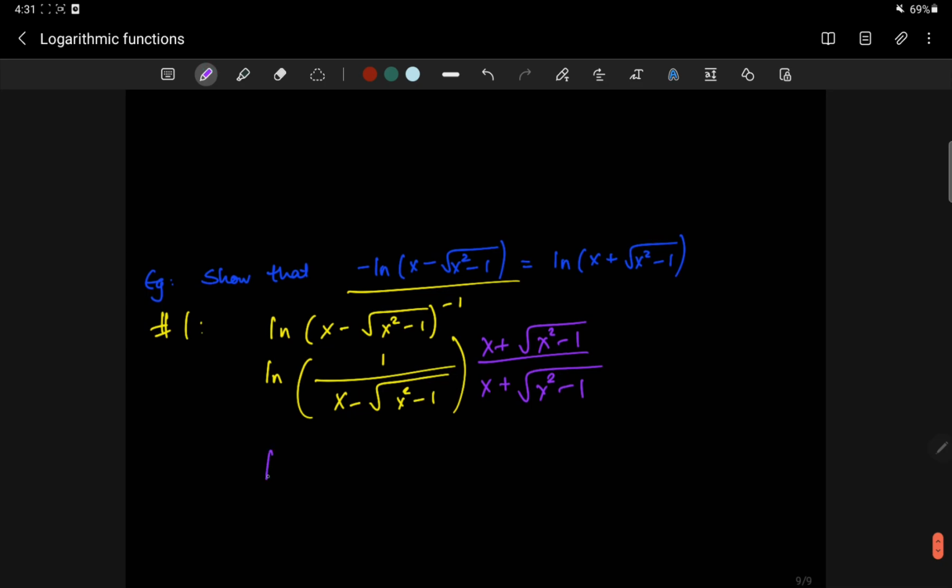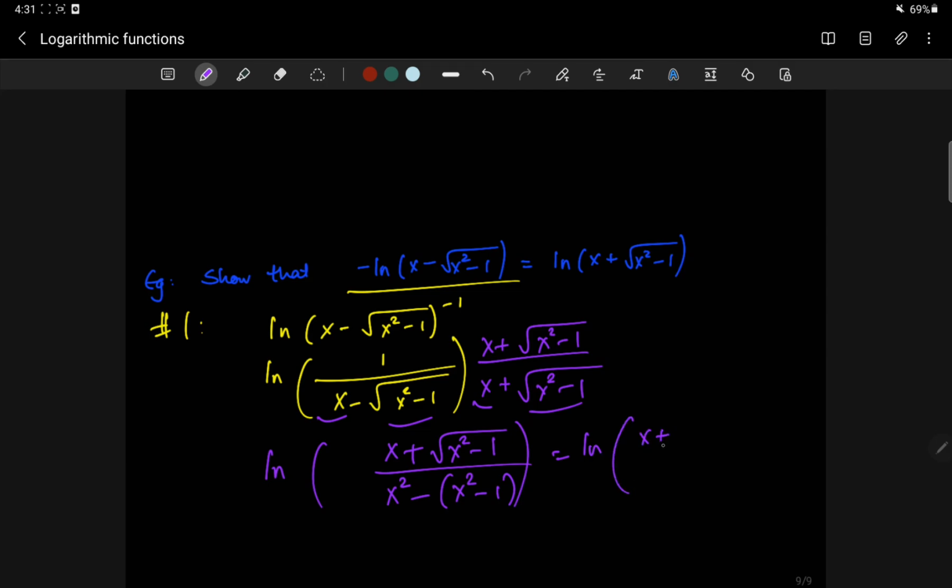When you do that, the numerator is now x plus square root of x squared minus 1. And on the denominator, that's going to be a squared minus b squared. So it's going to be x squared minus, we get rid of the square root. So this comes out to log of x plus square root of x squared minus 1, since x squared minus x squared plus 1 is just 1, which is what we are trying to show.